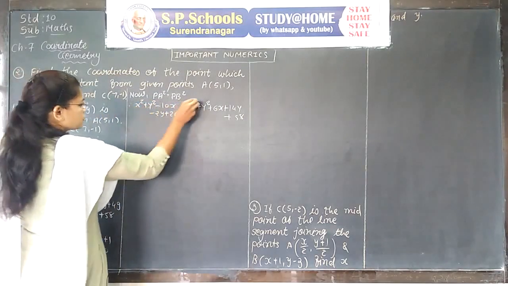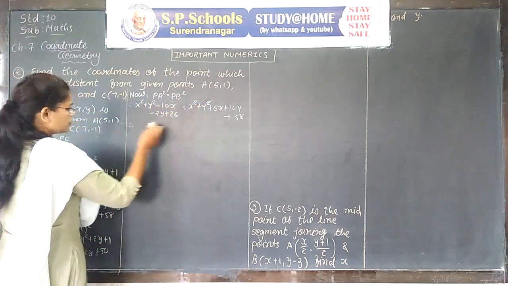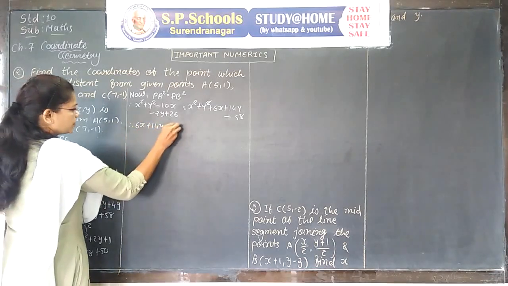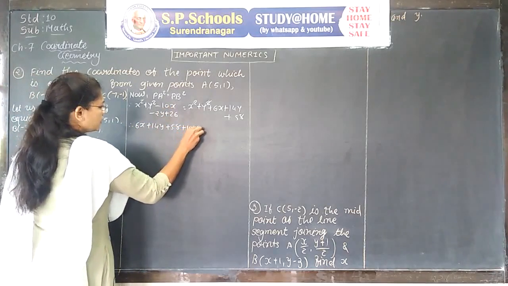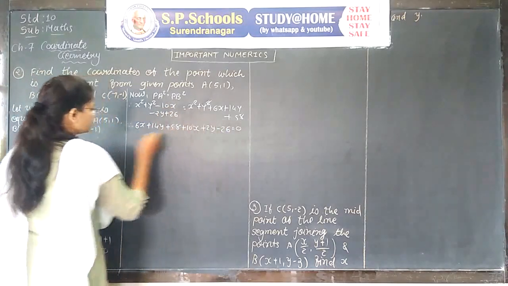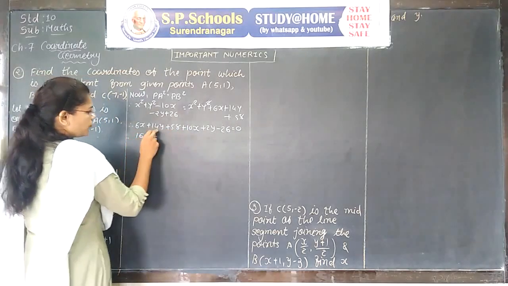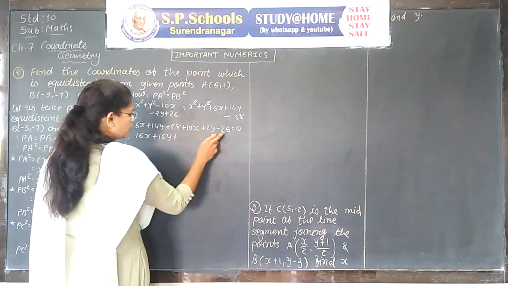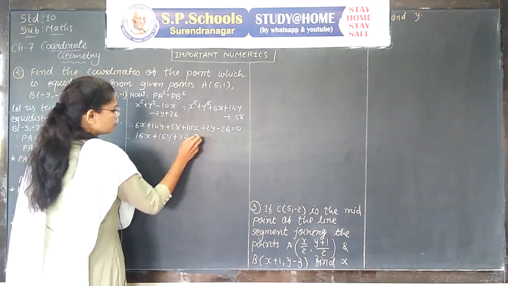Now x square and y square both cancel. Shift these terms from the left hand side to the right hand side. 6x plus 14y plus 58 as it is, plus 10x, plus 2y, and minus 26 is equal to 0. 6x plus 10x is 16x, 14y plus 2y is 16y, and 58 minus 26 is 32, equal to 0.